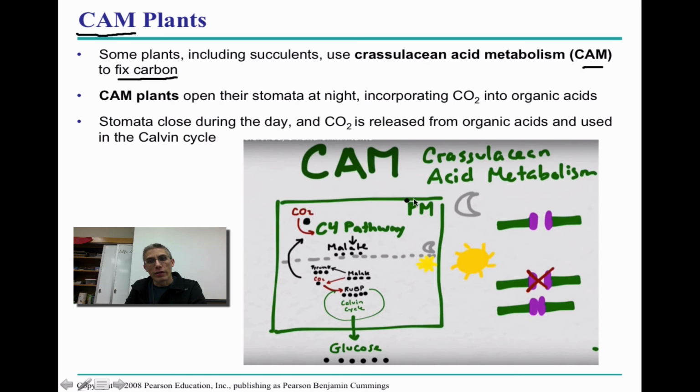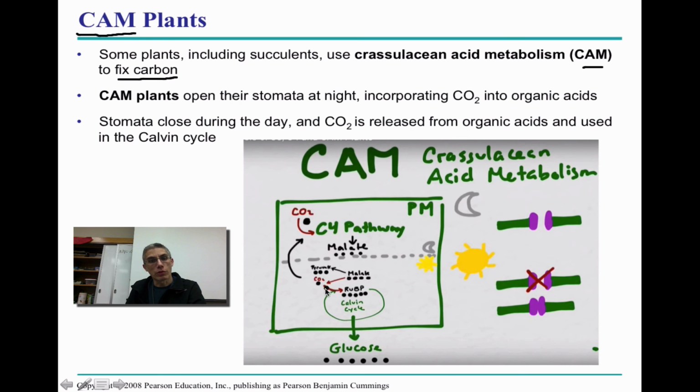And so this is going to be the mesophyll cells that you would find in the plant. And if you notice, we have CO2 coming in during the nighttime, and it's going to form a product called malate, which is a 4-carbon compound, and that malate is going to be used to create 2 byproducts. It's going to be used to create pyruvate, which is a 3-carbon compound.